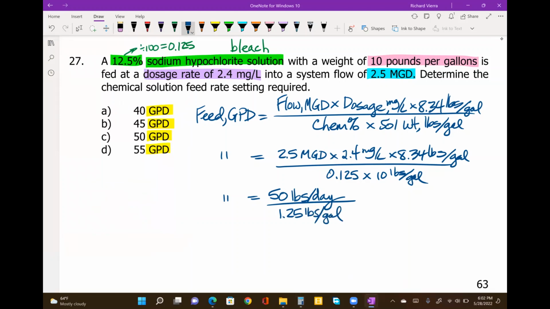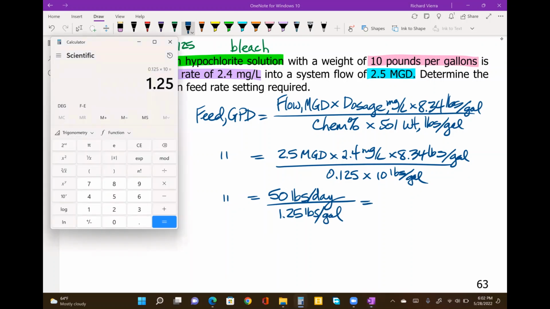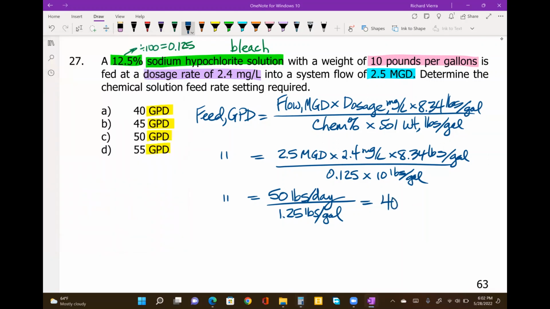So if we need 50 pounds, and we have 1.25 pounds of chlorine in each gallon, we can divide and figure out how much we're going to have to feed each day. 50 divided by 1.25 comes out to 40 gallons a day. So if we add 40 gallons a day, that'll add a total of 50 pounds of chlorine to the flow of water we're treating every day.